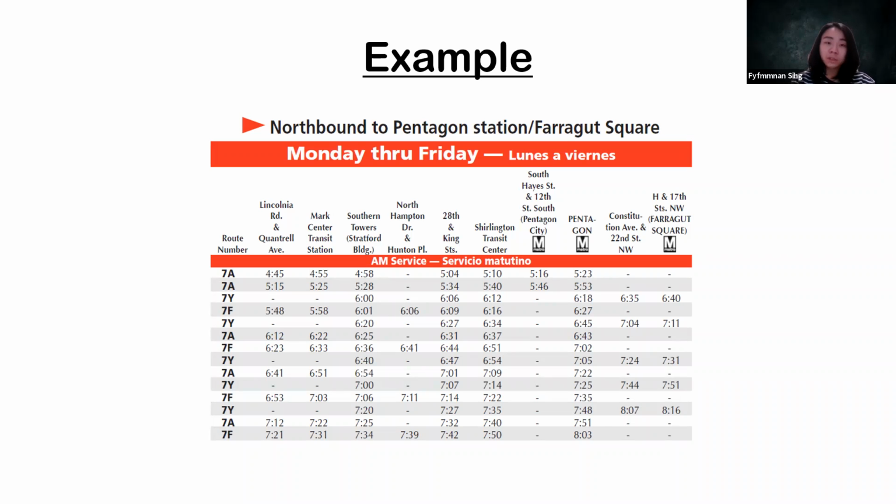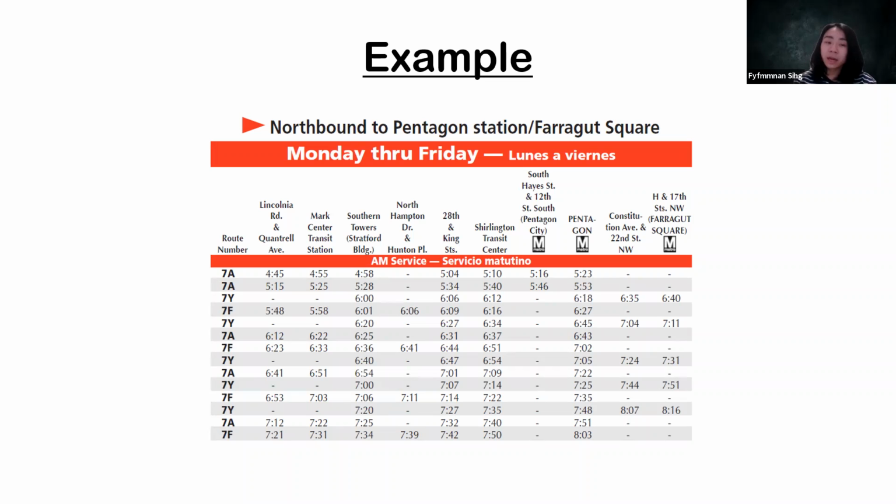If we wanted to measure the headways, if you remember, we're measuring the headways at the origin terminal. So we would see that the 7A and the 7F generally have 30-minute headways. If we want to look at the peak hour, if we measure the headway between the last 7A on the screenshot and the second to last 7A, we see that the times are 6:41 and 7:12, which is approximately 30 minutes.